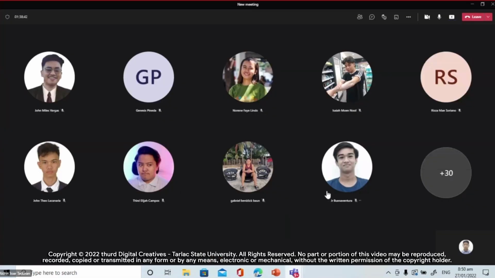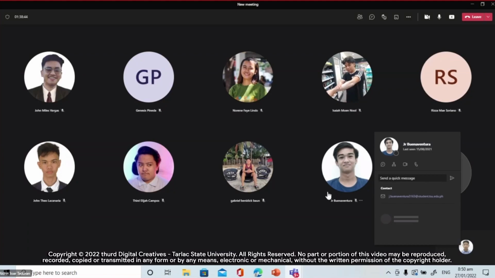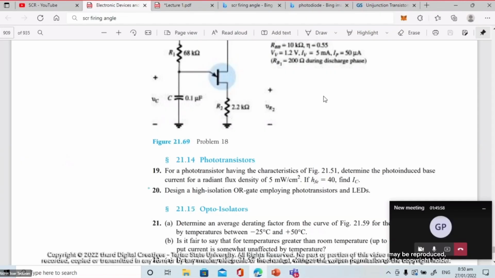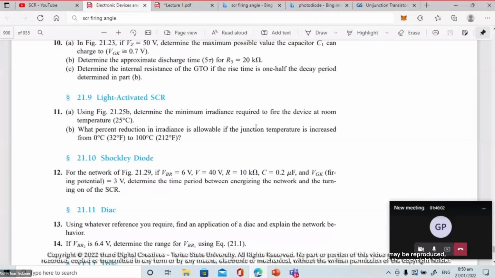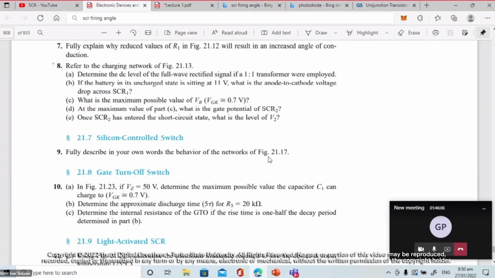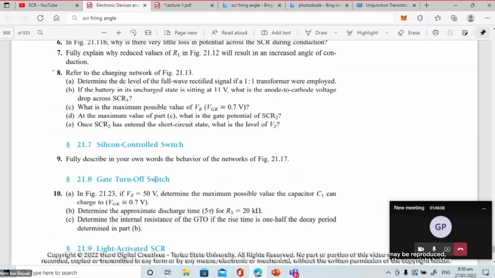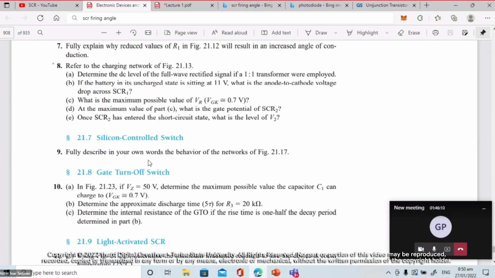Okay. So I think yan muna tayo for today. Next meeting ko na lang ano yung mga discussion natin para ma-discuss natin lahat, yung problem solving naman. May mga formulas kasi akong di-discuss eh.